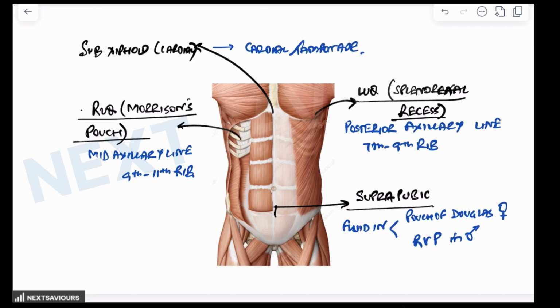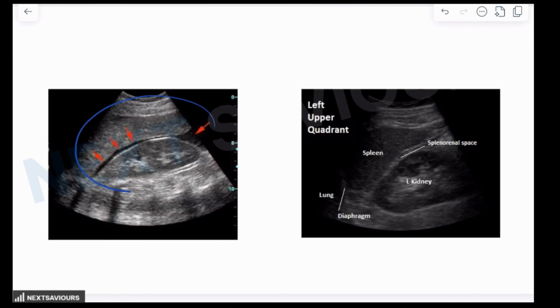The first one is the right upper quadrant for the identification of fluid in Morrison's pouch, where the probe has to be placed between the ninth and the 11th rib in the mid axillary line for the purpose of detecting hemoperitoneum between the liver and the right kidney. So this is how it is identified. If this is the liver and this is the kidney, then in between the two there is the presence of fluid, and this is the hepatorenal space with hemoperitoneum.